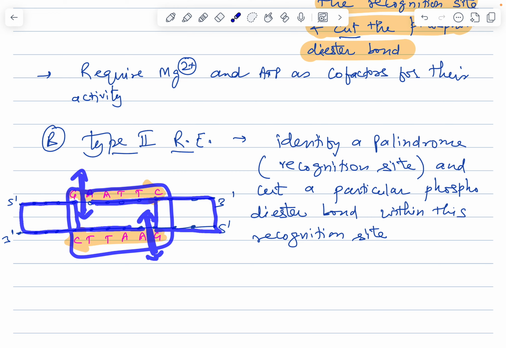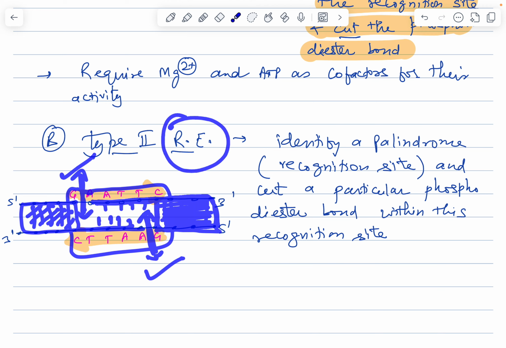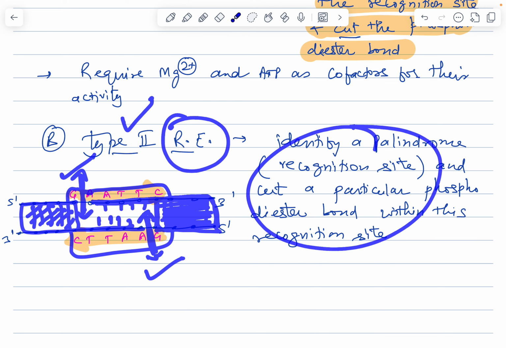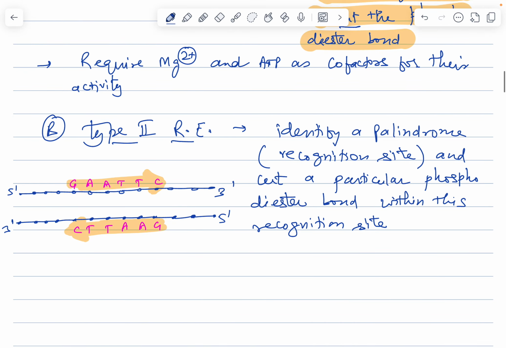This is one fragment. This is the second fragment. So we have digested the genome into fragment number 1 and fragment number 2 because of the cuts on the phosphodiester bond introduced by type 2 restriction endonucleases. So what is fixed about them? Both the things, recognition site as well as the cutting site.